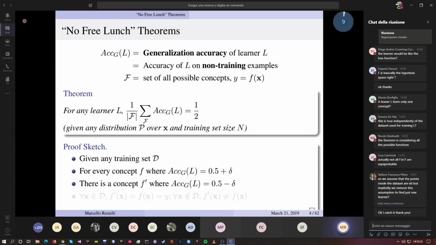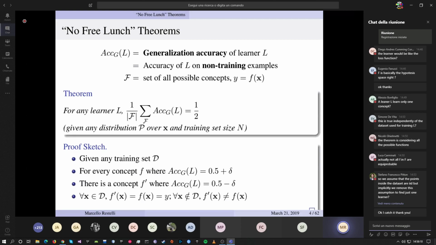How we can prove this is not really interesting, but it's quite simple to see: if you have a learner that for every concept F that you can imagine has an accuracy a little bit larger than 0.5, then for sure you will be able to build another concept F prime where the accuracy is 0.5 minus delta.